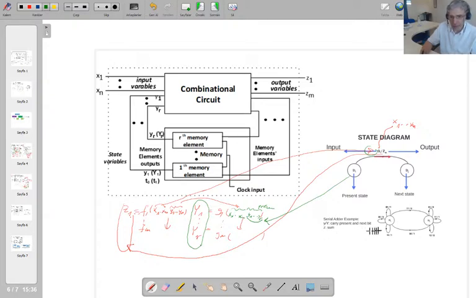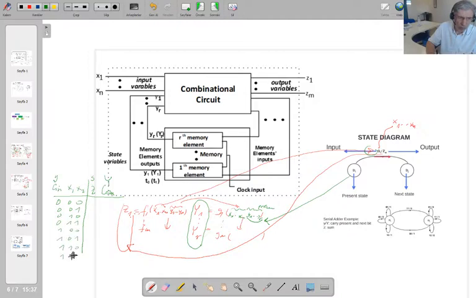So if you remember the full adder, we had carry in or small y, isn't it? That's present state value, and x1 and x2, and z output, which is sum, and the carry out, which is capital Y. So that was 0, 1, 0, 0, 1, 1, 1, 0, 0, 1, 0, 1, 1, 1, 0, 1, 1, 1.